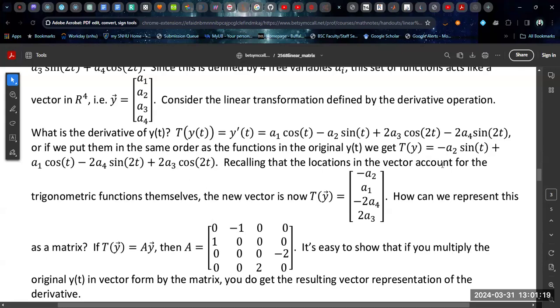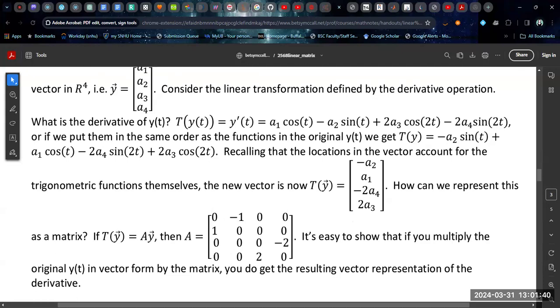Now, if we recall the locations in the vector for the trigonometric functions themselves, again, sine, cosine, sine 2t, cosine 2t, then our coefficients look like this, and we can represent this as a matrix that looks like so.